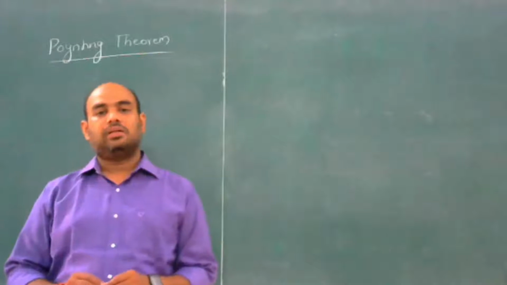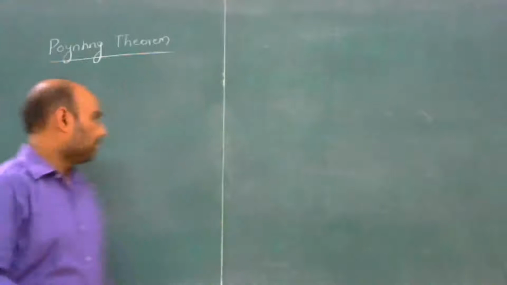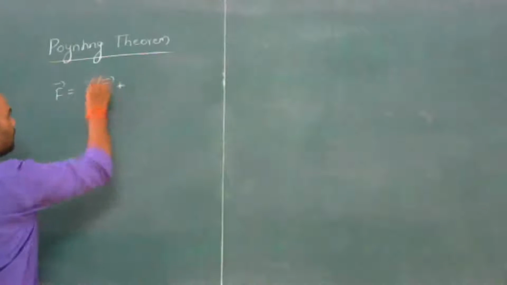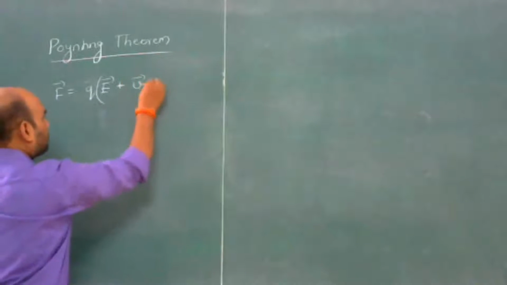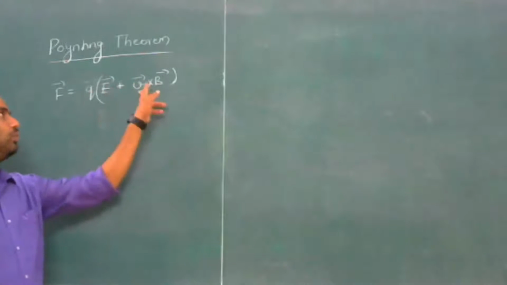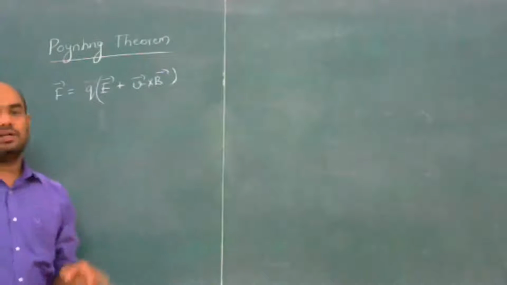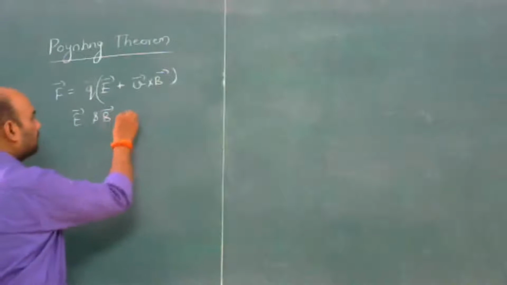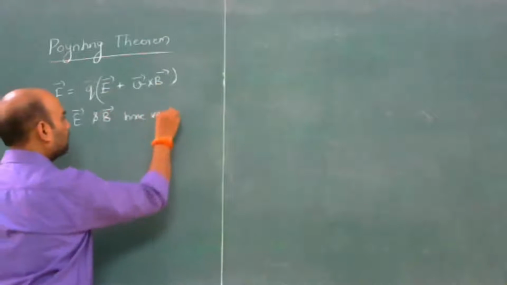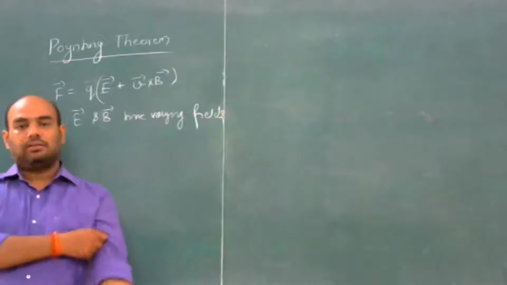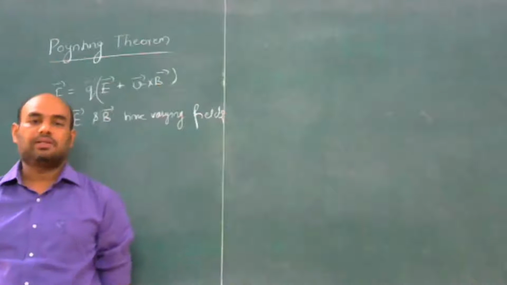At any instant the force experienced by the charge is given by F equal to Q(E plus v cross B). Here E is the electric field intensity, B is the magnetic flux density, and the charge is moving with velocity v, where E and B are time varying electrical intensity and magnetic flux density respectively.